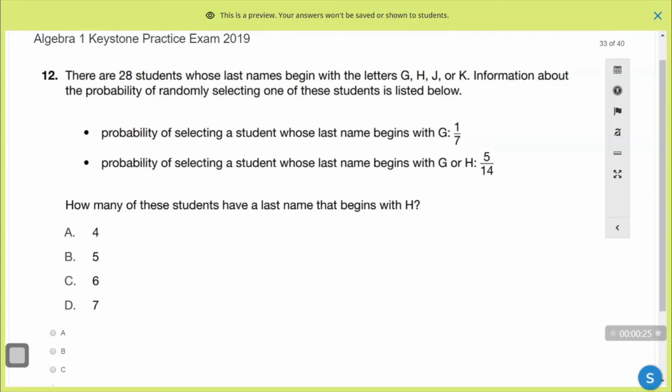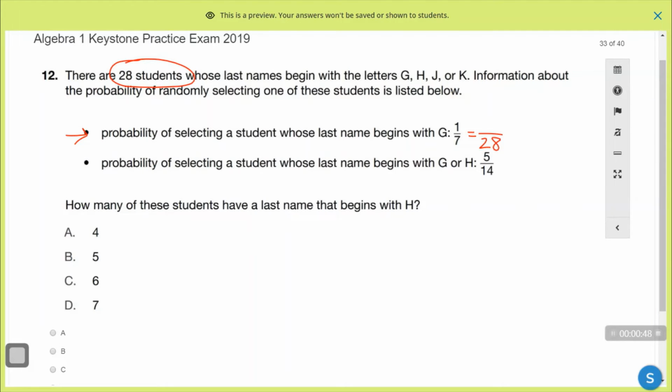All right, well, first thing that we have to understand about probability is you're always looking for how many are the number that you're looking for out of the total number of people, and you reduce that fraction. So when we look at this first one right here where it says the probability of selecting a student whose last name begins with G, and it says 1 out of 7, I have to ask myself, how many students is that out of 28?